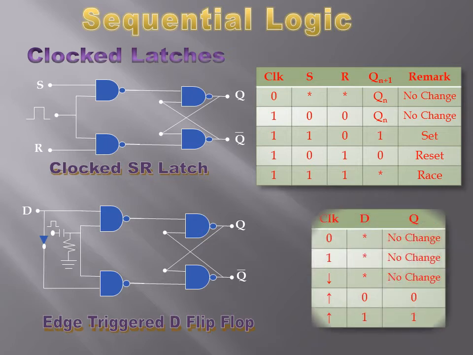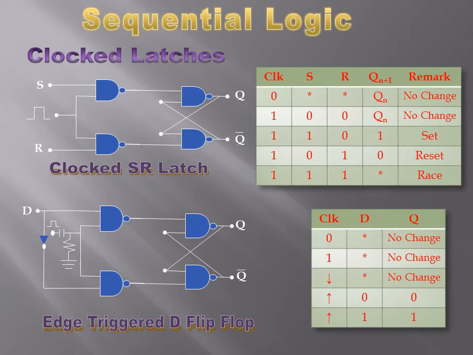If you see the truth table of such a data type flip-flop, when the clock is 0, there's no change. When the clock is 1, there's no change. When the clock is going down, there's no change. But when the clock is moving up, and there is 0 at the input, the output will get 0.